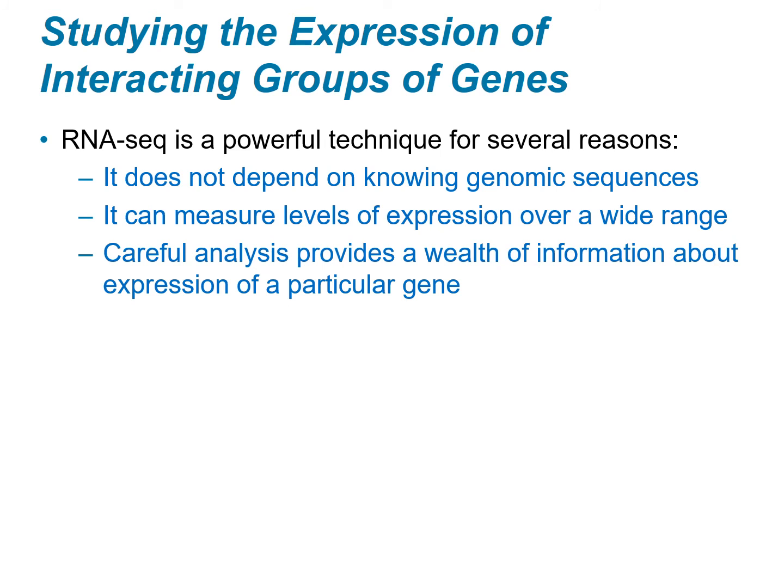But three of the most important or most powerful reasons are: one, it doesn't depend on you knowing the genomic sequence, because you're actually determining the genomic sequence. Two, you can measure the levels of expression over a wide range of samples and genes. And three, careful analysis will provide so much information about the expression of a particular gene.